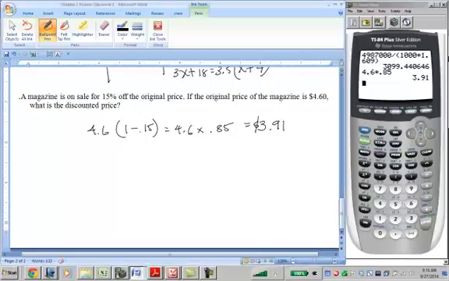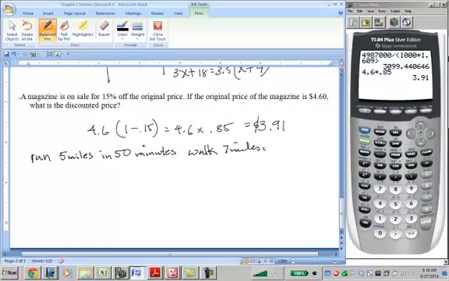Okay, let me make a problem up. Suppose you run 5 miles in 50 minutes. Walk 7 miles in, let's say 2 hours.